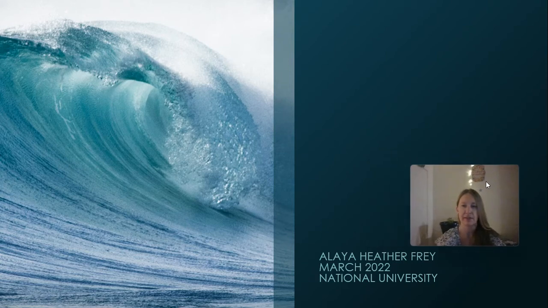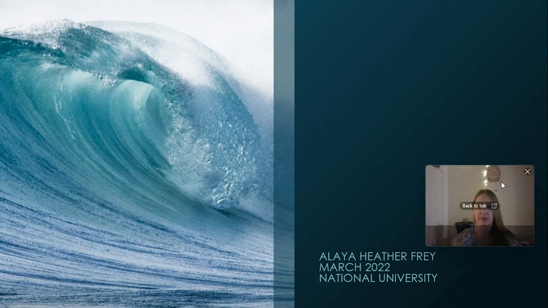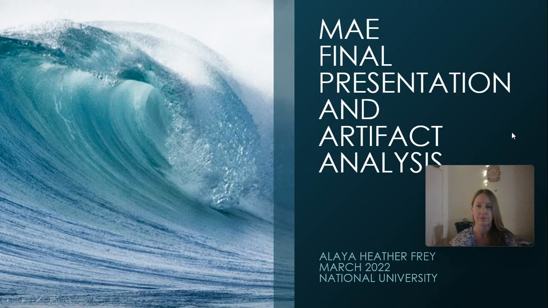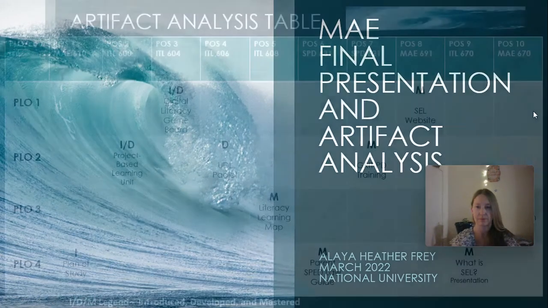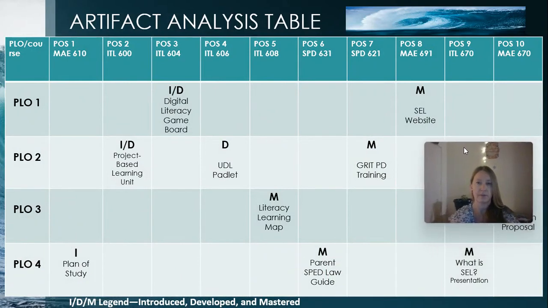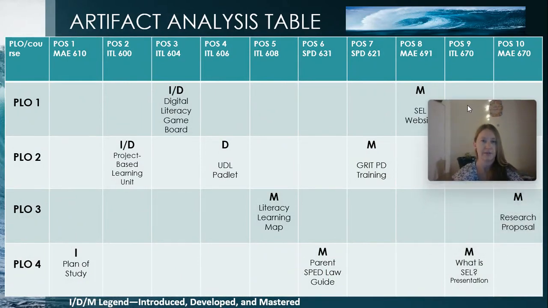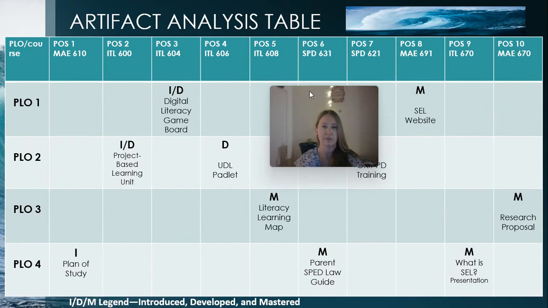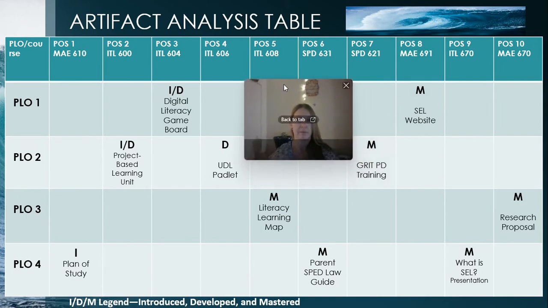During the course of this presentation, I'm going to be moving around my video screen to accommodate the various slides that I have. My first slide shows my artifact analysis table, and I'll move my screen right here so it's not covering up anything.